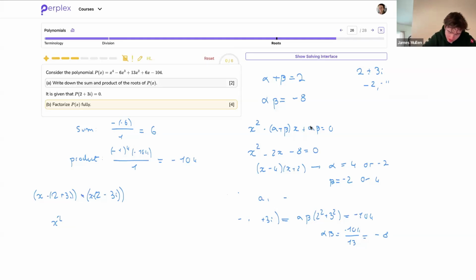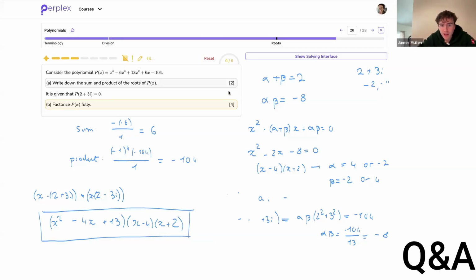The sum of a complex number and its conjugate is twice the real part, so it's going to be minus 4x. And the constant term is the magnitude squared, so plus 13. Okay, so that is one of the factors. And then the other factors are just the x minus 4 and x plus 2 that we found. So this is my fully factorized polynomial.